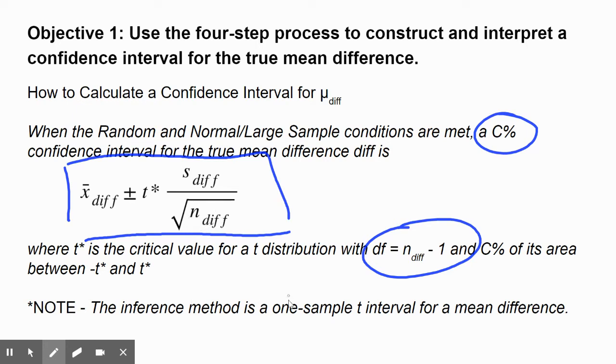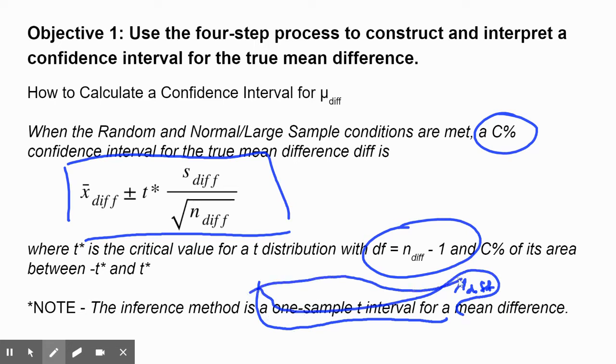The inference method is called a one sample T interval for a mean difference. So again, that's a one sample T interval for mu diff.